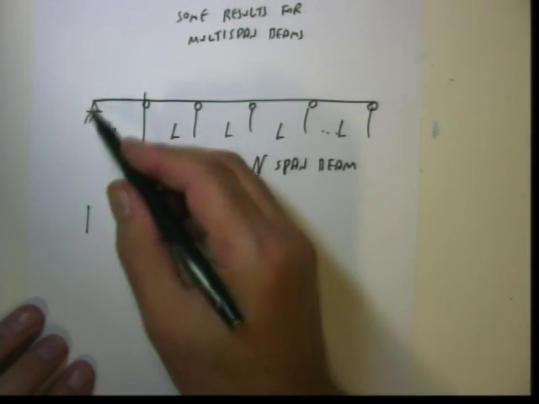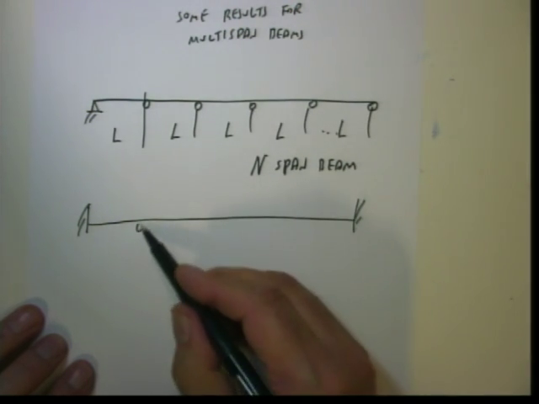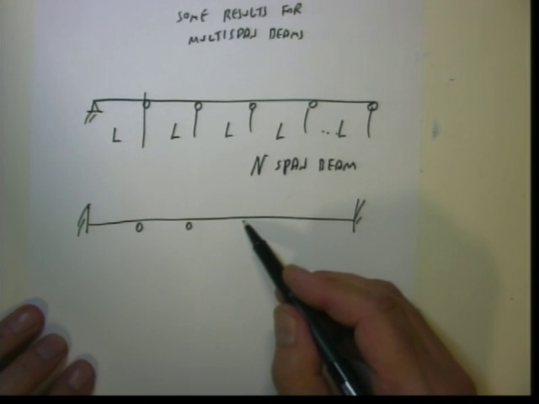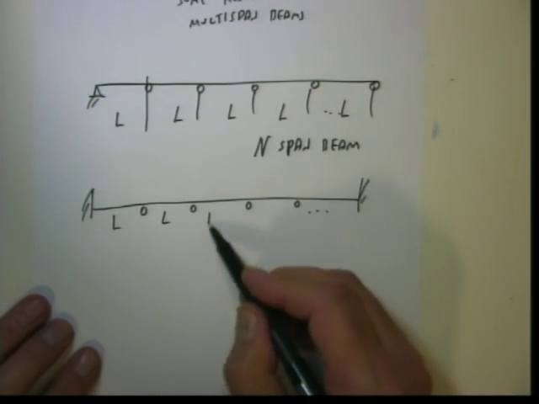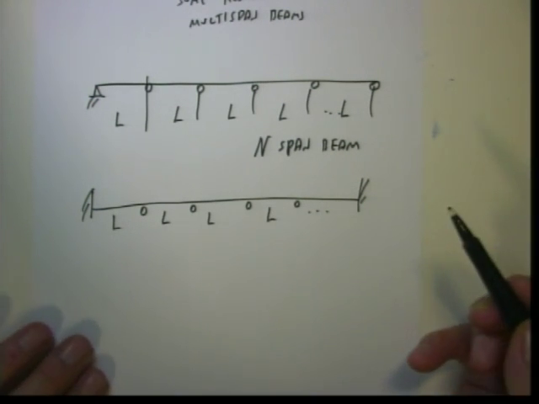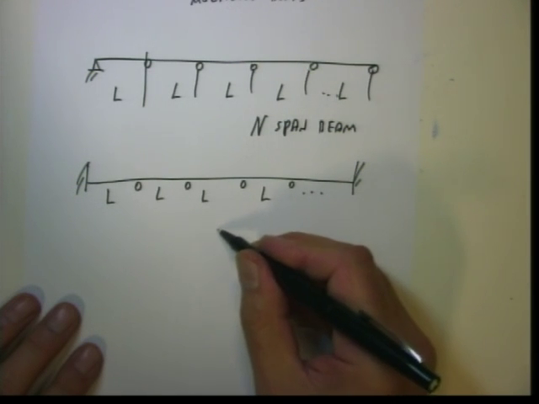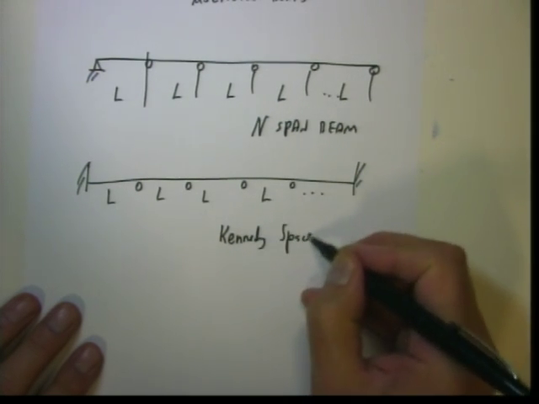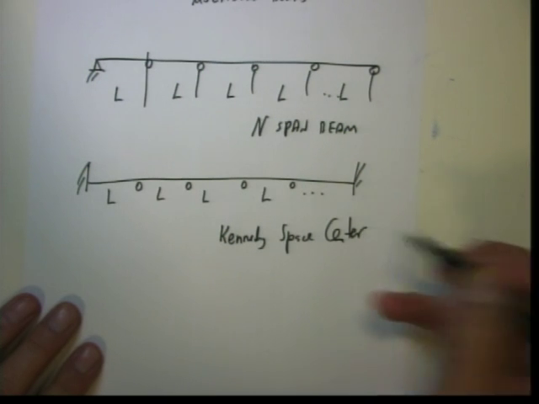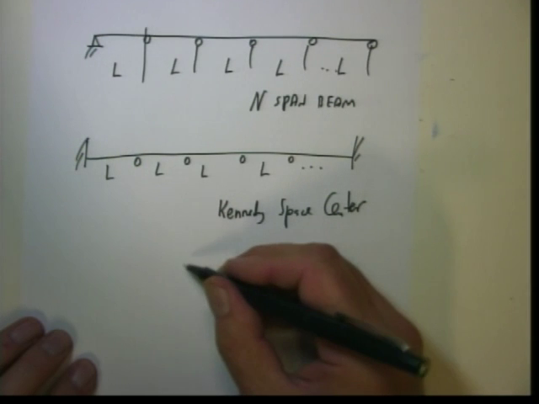Imagine that this beam is simply supported, and another beam like that is clamped. So L, L, L, L, etc. We studied such systems for Kennedy Space Center some years ago.